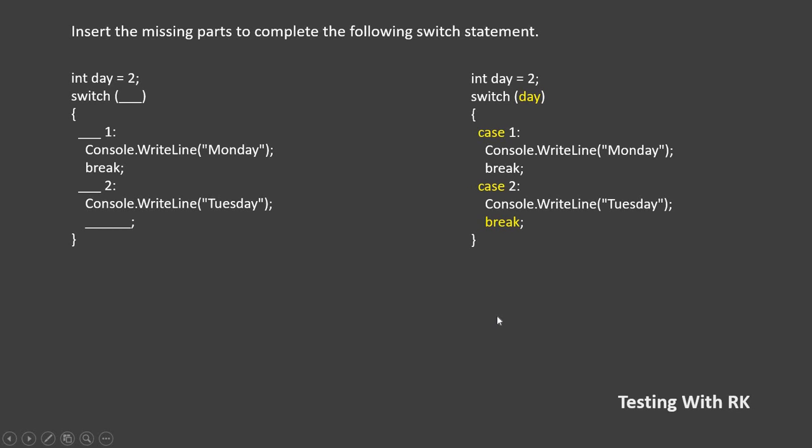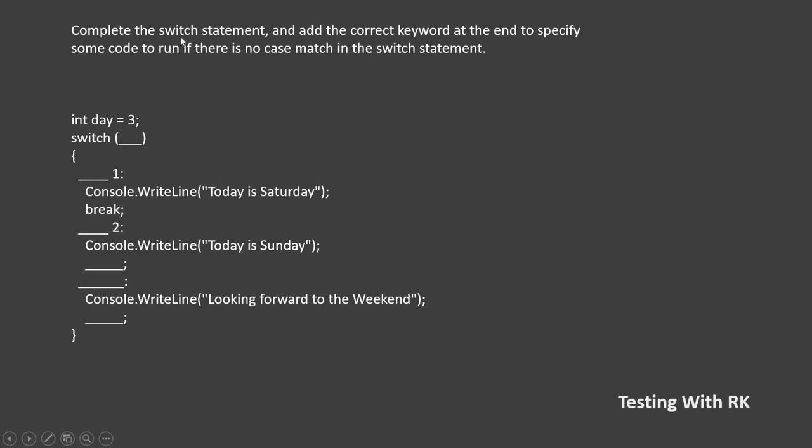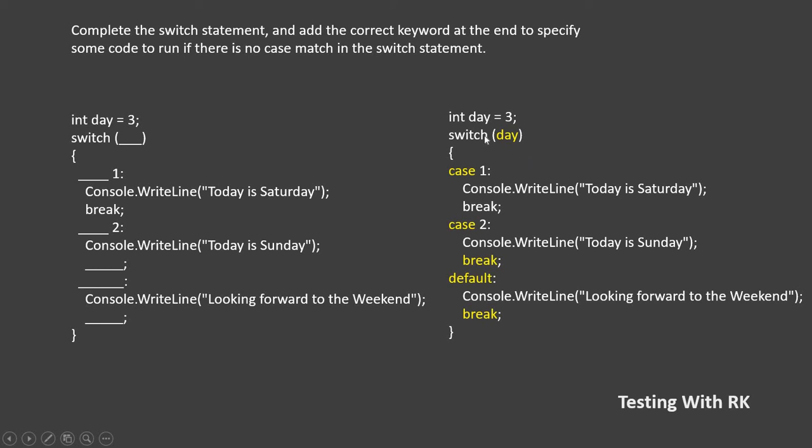Okay, next question. Complete the switch statement and then add the correct keyword at the end to specify the code to run if there is no case match in the switch statement. So int day equals 3. I want you to fill in these blanks here. Pause the video, write your answer, and when you're ready, play it again. So the answer is int day 3, switch day.